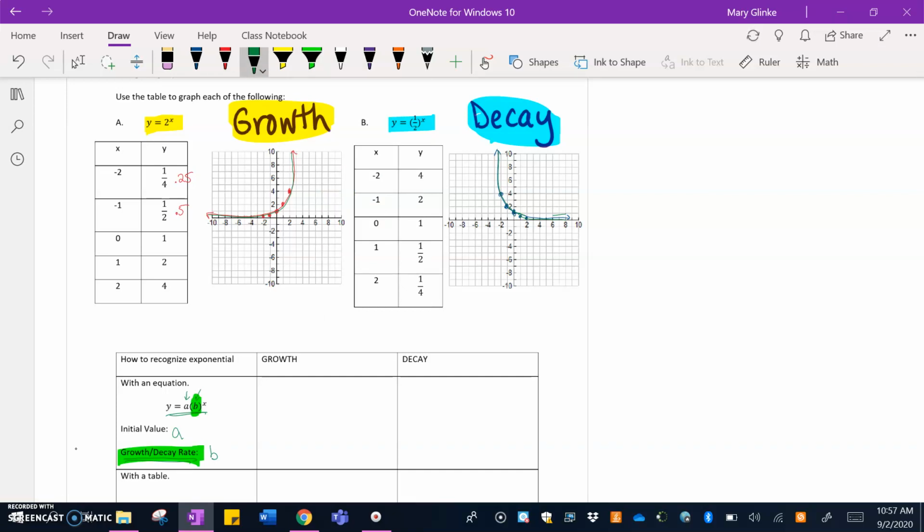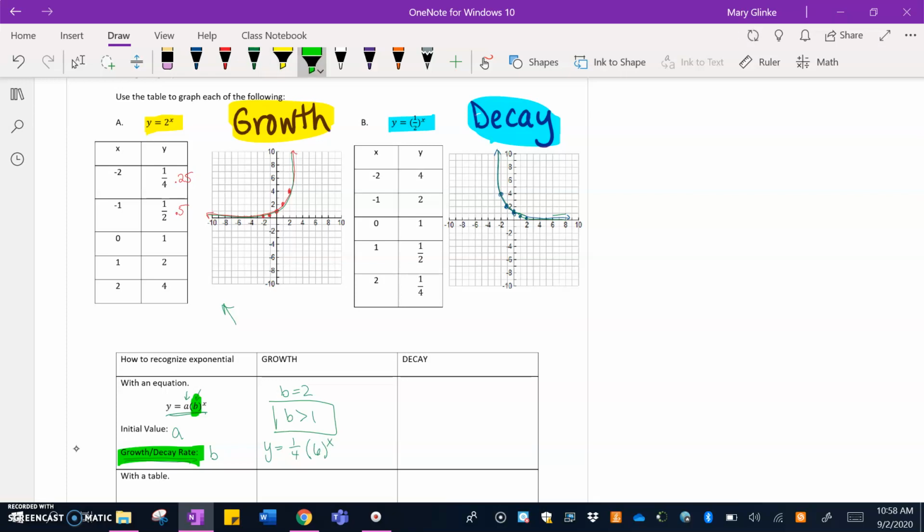So for an exponential growth function like the one up above, the A graph, you notice your b value was 2 for that one. That made it exponential growth because your b value was greater than 1. Anytime you have a b value that's greater than 1, you are going to have an exponential growth function. So for instance, you can have y equals 1/4 times 6 to the x.